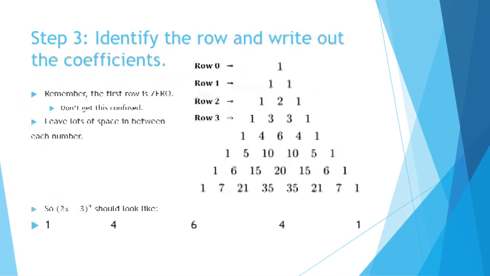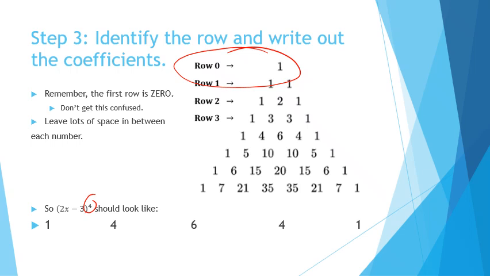Right? So now that we have our a, b, and n term, we want to look at our Pascal's triangle that we wrote out, and write out the coefficients. So remember, very important, the first row is row 0. Don't get this confused. And then once you have your numbers, you are looking for your n term.